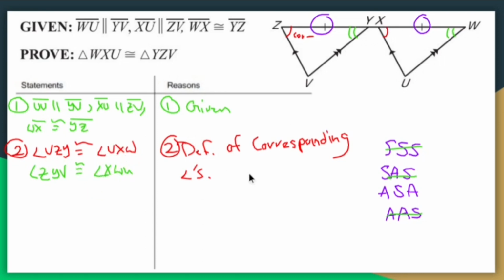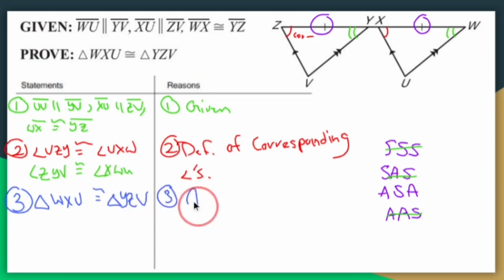If you have the same exact reason, just give both statements in one. Don't overdo it. Now that I have an angle congruent, and the side in between congruent, I can now say that triangle WXU is congruent to triangle YZV. And the proof that I used for that was ASA.